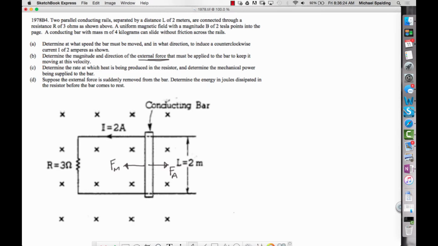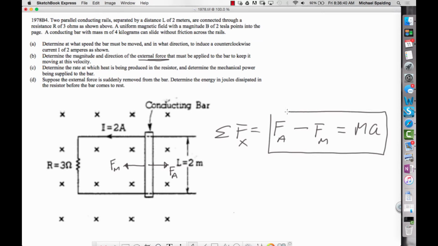Well, if you think about it, if you sum the forces in the x direction on this bar, we have force applied to the right, force magnetic to the left. The sum of the forces always equals ma. Well, hold on. Is this bar accelerating? No, because it's moving at a constant velocity. So therefore, the applied force equals force magnetic. Oh, wait a minute. Do we have an equation for force magnetic on a current in a magnetic field?